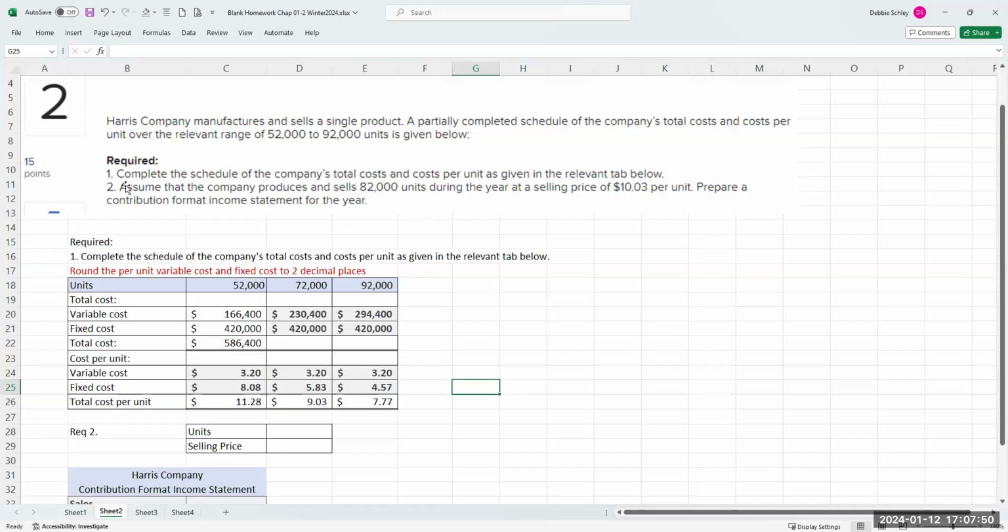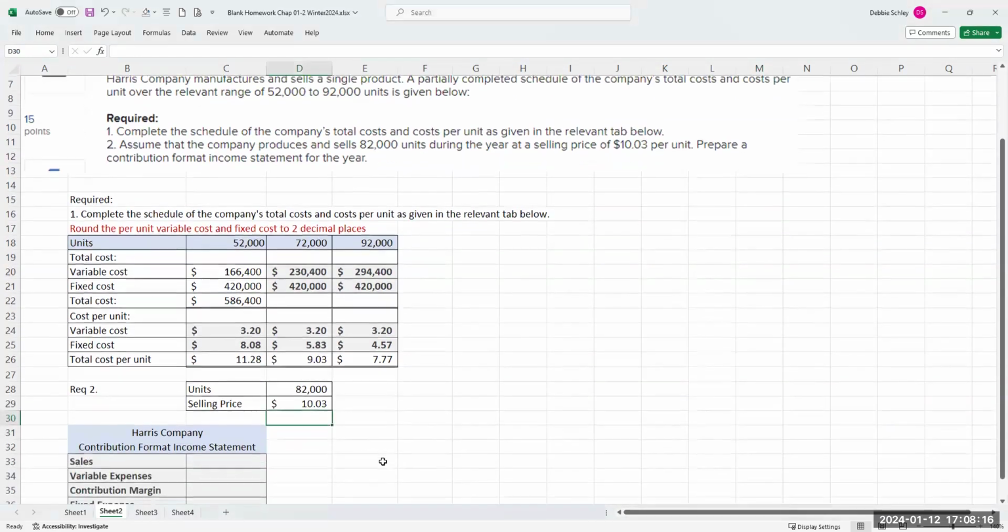Now, required 2, assume that the company produces and sells 82,000 units. I'm going to put that right here. During the year at a selling price of $10.03 per unit. Prepare a contribution format income statement for the year.